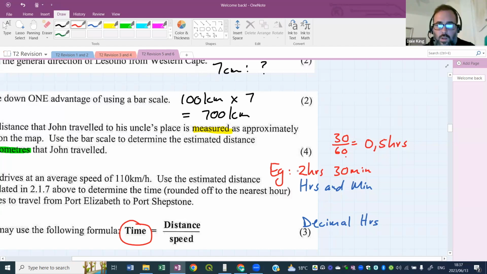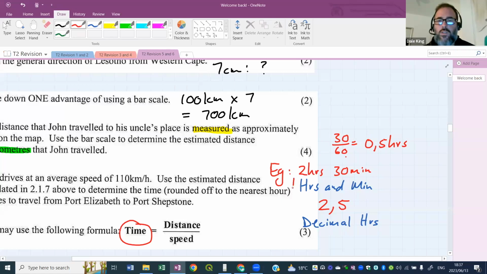So what will this whole thing be? 2 hours and 30 minutes? How do we write that as decimal? Two comma 5. 0.5. Okay, so this 0 that you've got over there will be replaced by the hours.